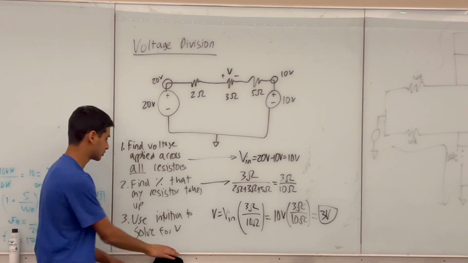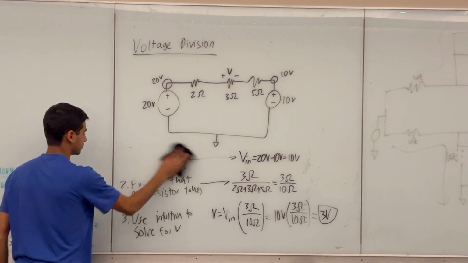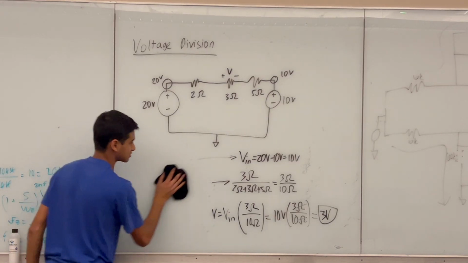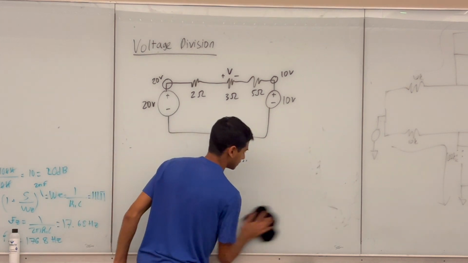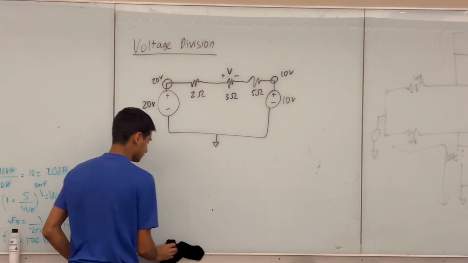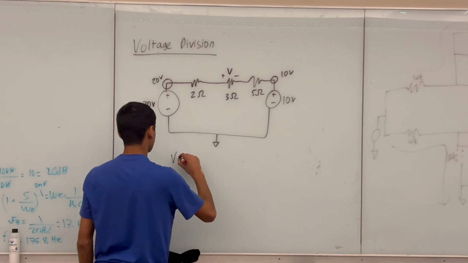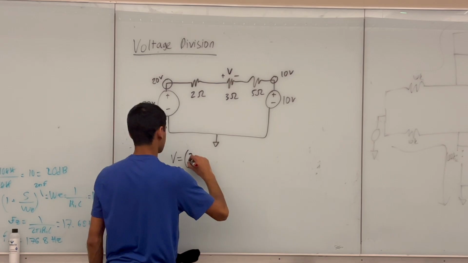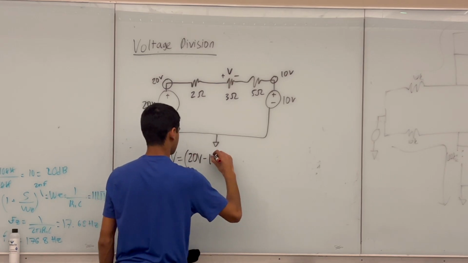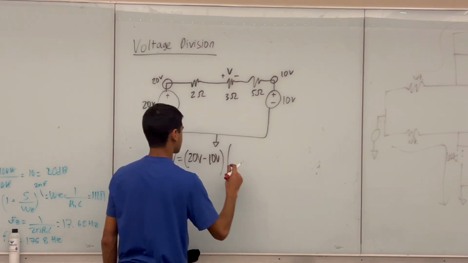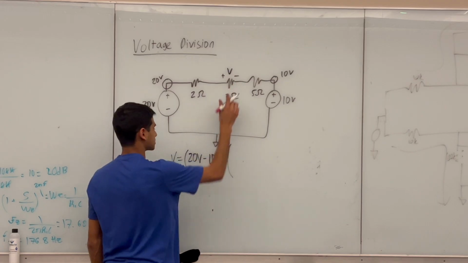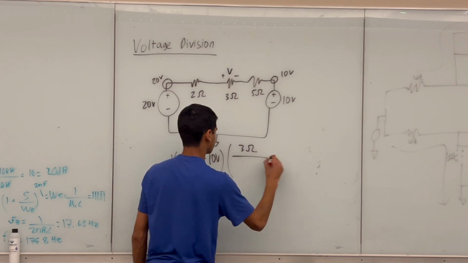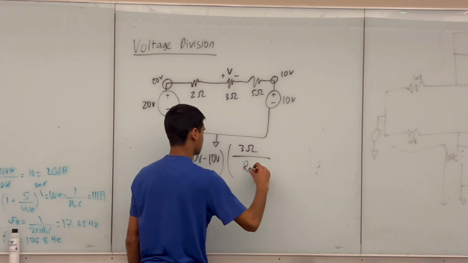You can also do this just using the voltage division formula, and I can show you how. V equals the voltage applied across all your resistors, so 20 volts minus 10 volts, over your resistor, 3 ohms, divided by Req.